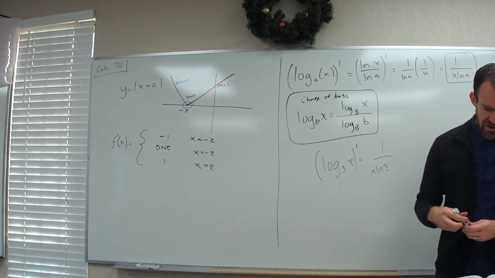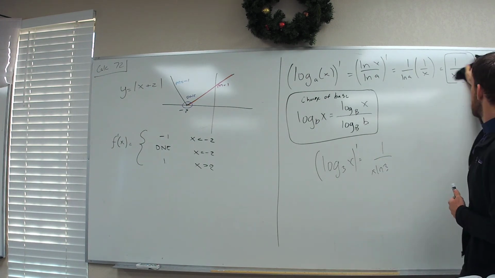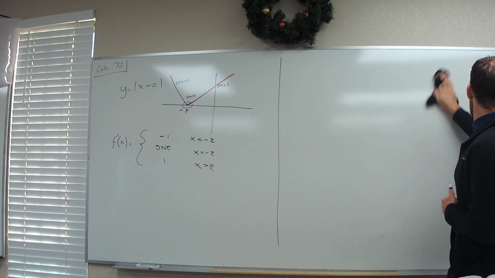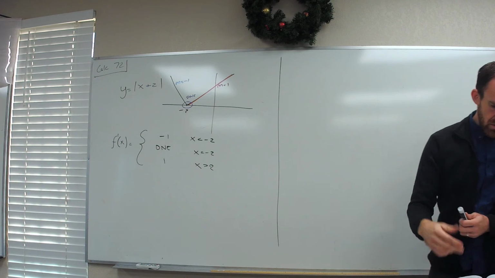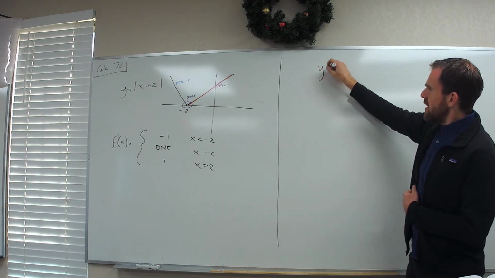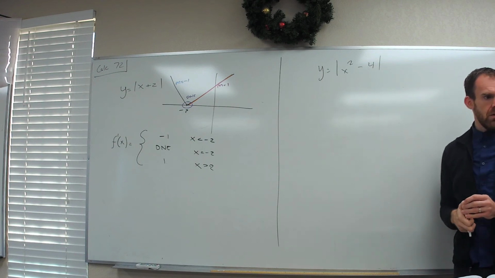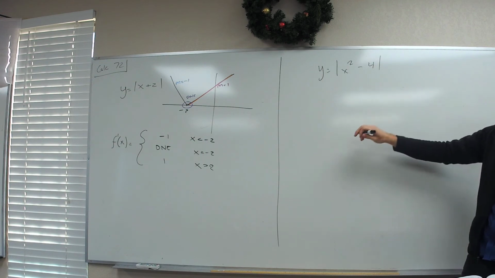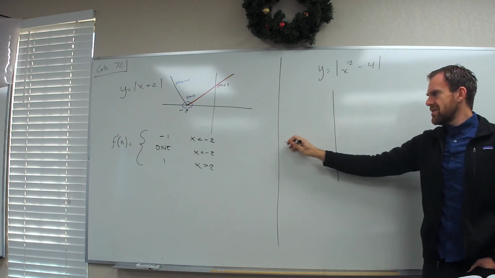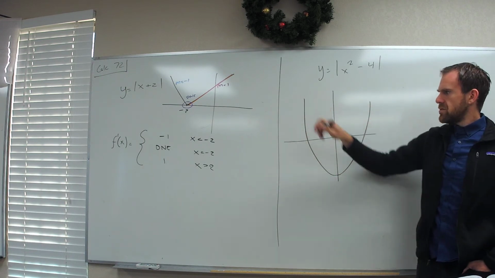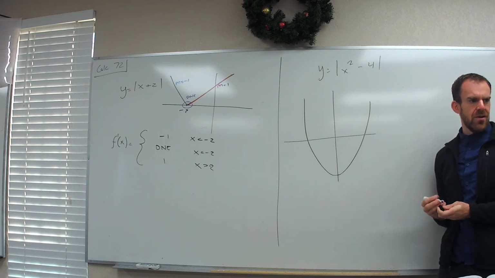Let's take a really gross one. We have y equals the absolute value of x squared minus 4. Okay, so what does x squared minus 4 look like? It looks like this. If you take the absolute value of it, what happens?